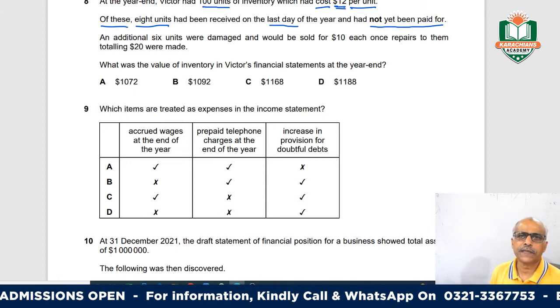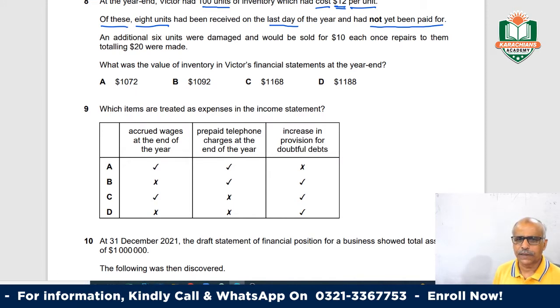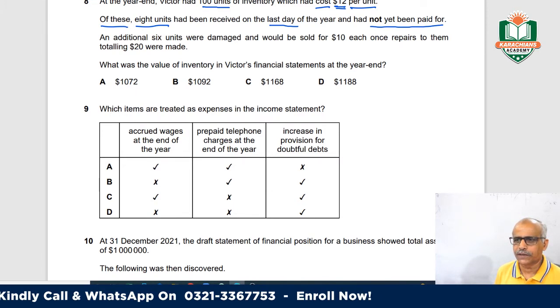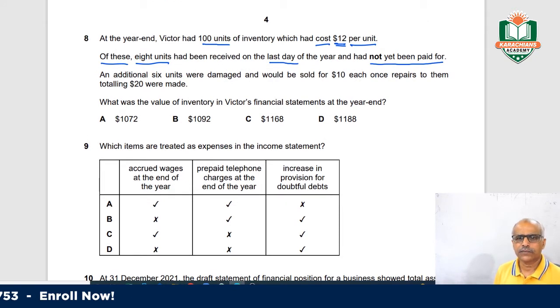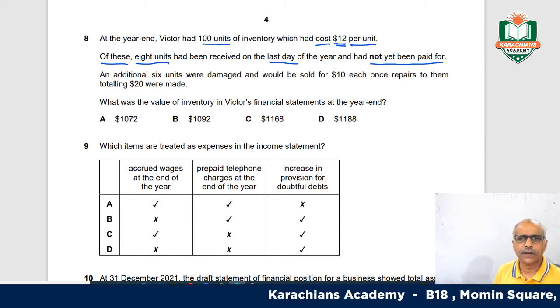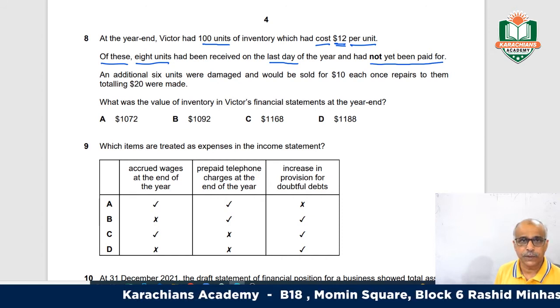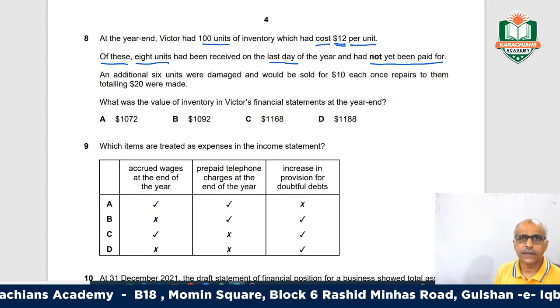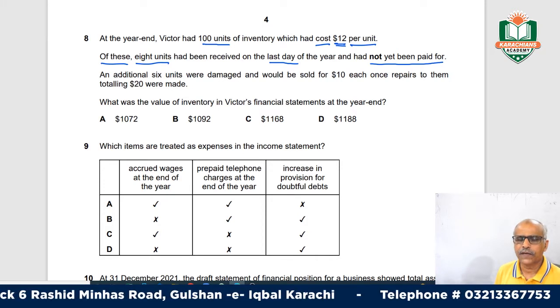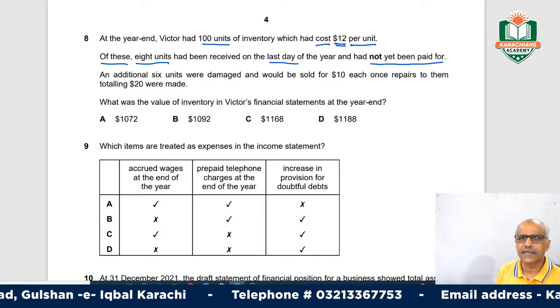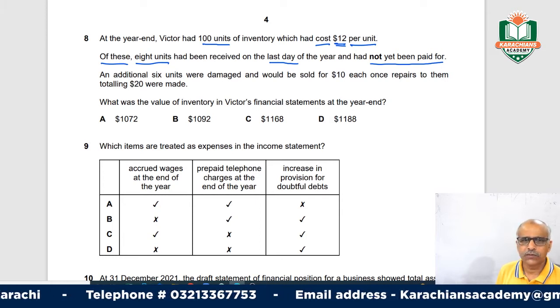Sometimes the examiner gives some tricky questions, and most of the students get confused. So you should not get confused, because we do not maintain our books of account on cash basis, right? We maintain on accrual basis. So we have bought the inventory, whether it has been paid or not, it does not matter.